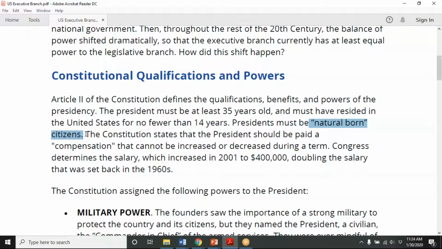They want people, not so much even now, but then certainly, who are going to be absolutely loyal to the United States. And again, not so much today, but back then, when just a few years before, they were fighting a war to break away from Britain. The worst thing you could do is have somebody become elected to head the United States government who has ideas about, well, maybe we should go back to Britain.